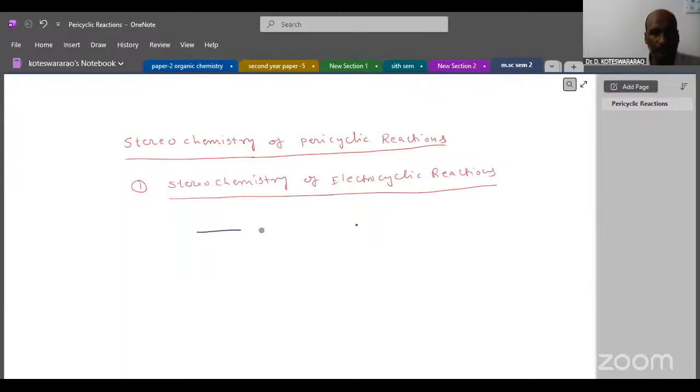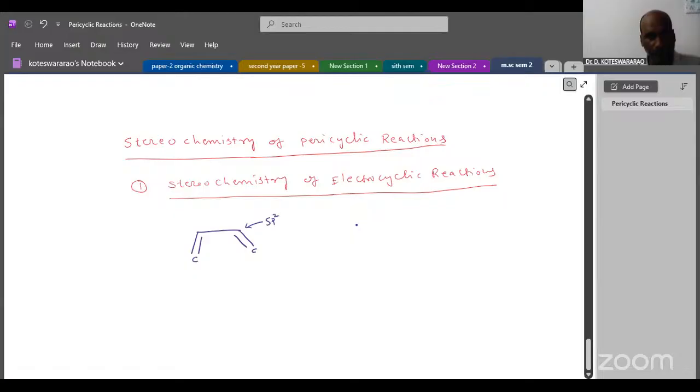Suppose this is a pi system, for example butadiene. Each carbon in the pi system, all four carbons, is sp2 hybridized. What does that mean?